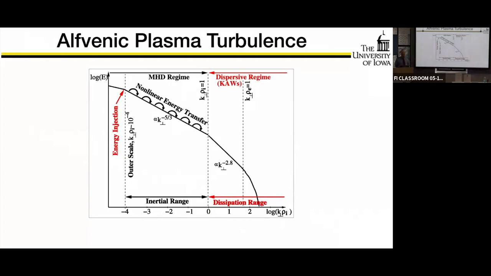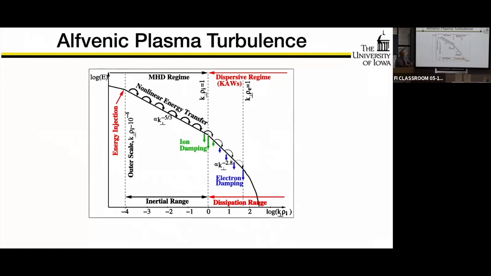Now at these ion scales, what you can get are kinetic mechanisms, things like collisionless wave particle interactions, Landau damping, transit time damping, or cyclotron damping that can remove energy from the turbulence at those scales, but they don't remove it all. So some of that energy keeps going and keeps cascading down as a cascade of kinetic Alfvén waves.